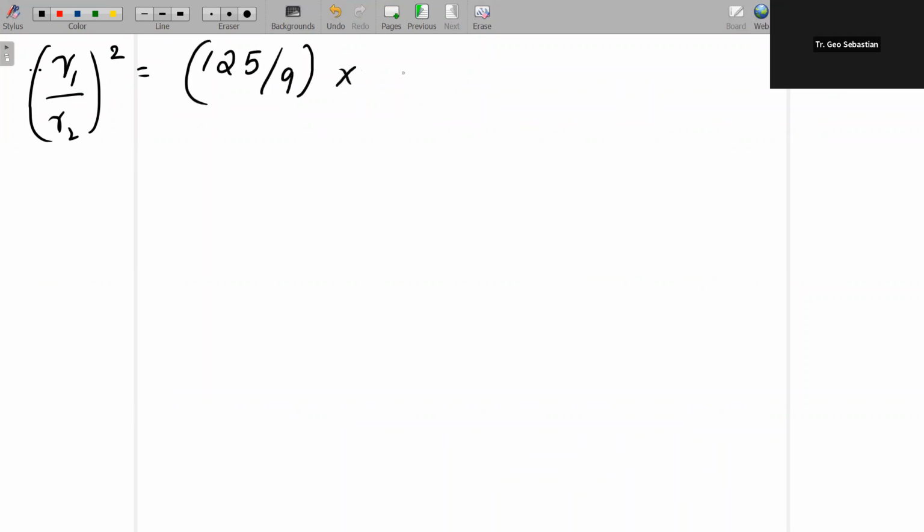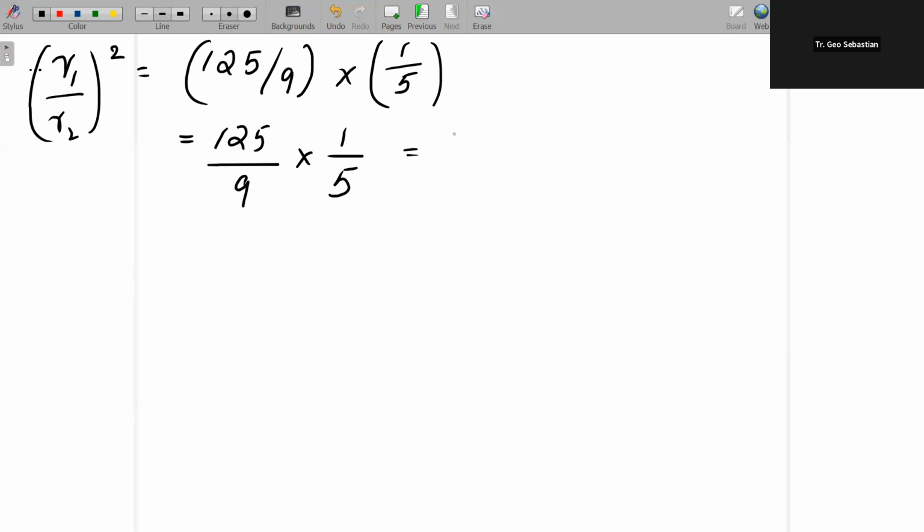Therefore, v1 by v2 whole square is equal to 125 divided by 9 into 1/5. Isn't it? So you can solve this. 125 by 9 into 1 is to 5. How much will you get?